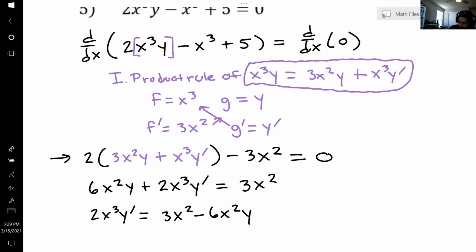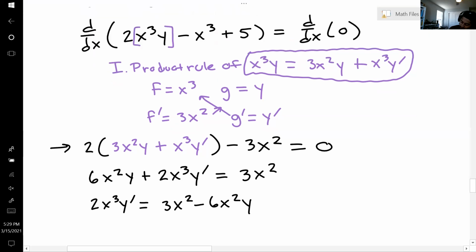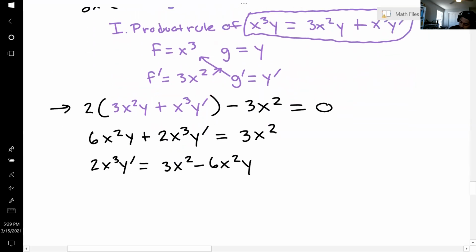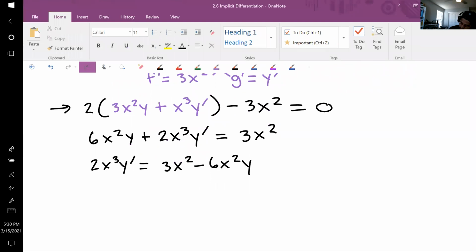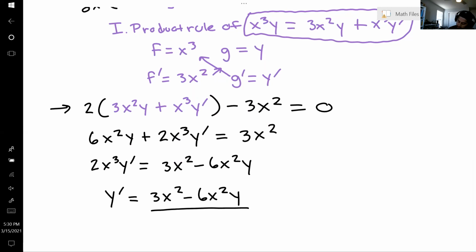And then we can divide by 2x cubed. So if we do that, we'll have y prime equal to 3x squared minus 6x squared y all over 2x cubed.